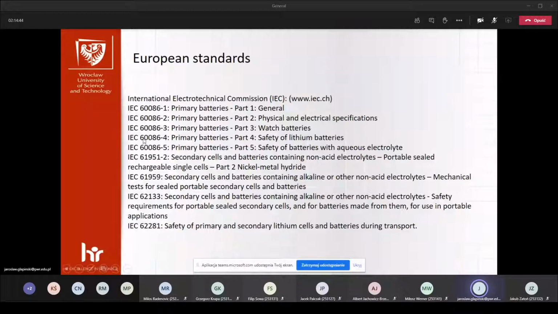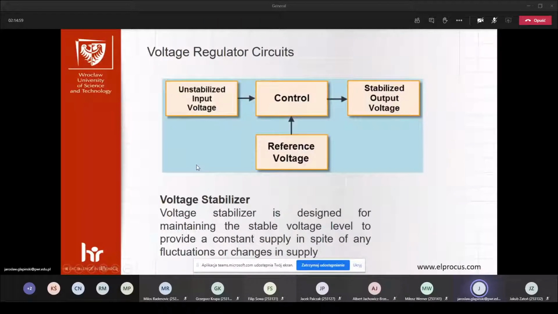Every manufacturer should know that the standards are very complicated, so they should know about them.